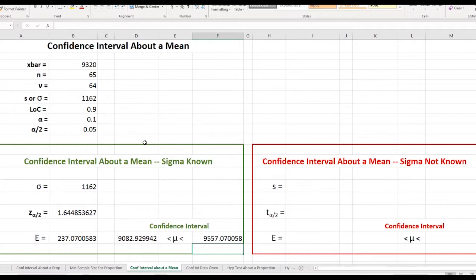Again, the meaning behind this is we can be 90% confident that the true population mean would fall somewhere between 9,082.93 and 9,557.07.